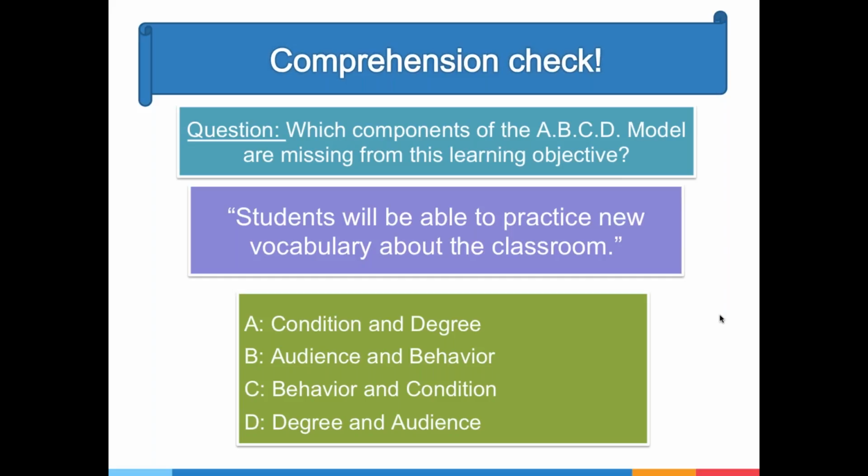Now remember, audience is students, behavior is the measurable behavior or the action verb. Condition is under what circumstances should the learner be able to perform this task, and degree is how we measure their success.